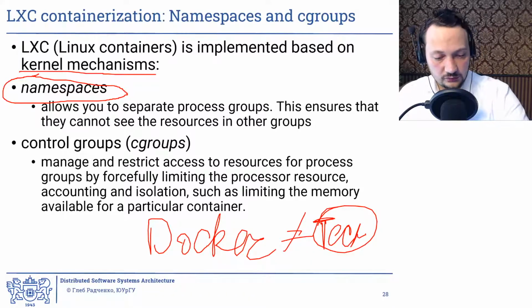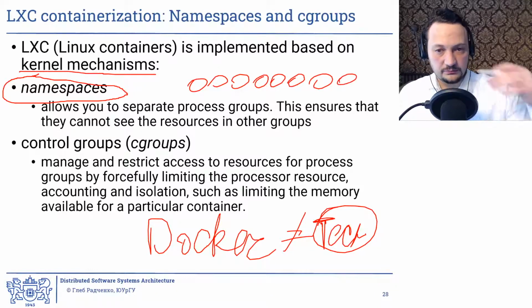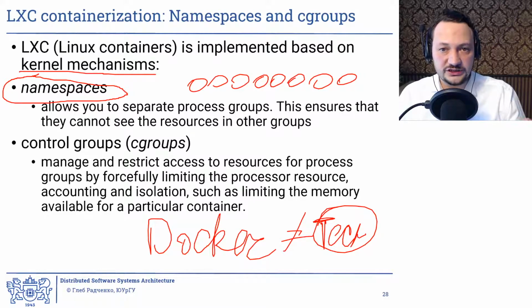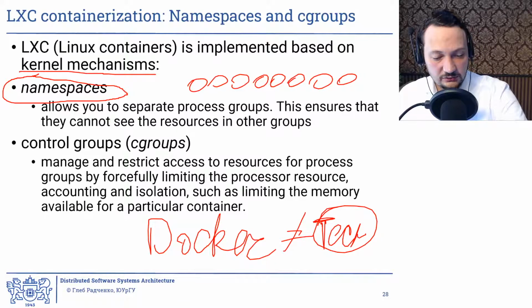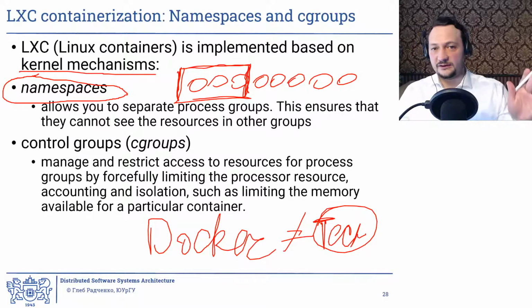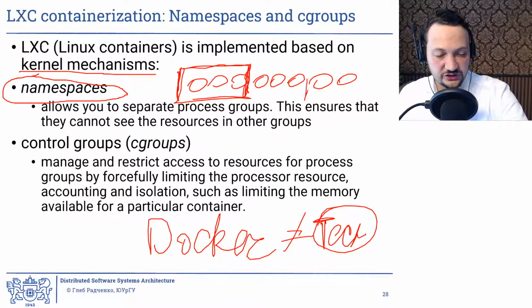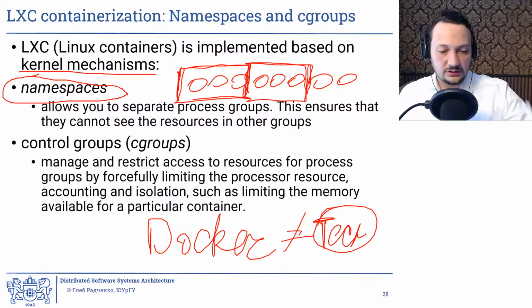So in our Linux machine, when we start a process, it goes to a pool of processes that are working together in a Linux machine. Namespaces allow you to say, okay, you three are working together and you know about each other, but you do not know anything about these guys who are working nearby. They are non-existent for you. You're working together. This is your namespace.